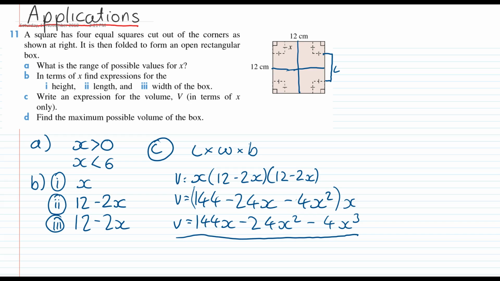So to find the derivative, we just go V equals 144, and the X goes away, minus 2 times 24, which is 48x, because we take one from the 2 on the index, then minus 12x squared.